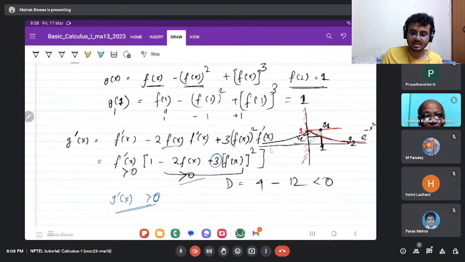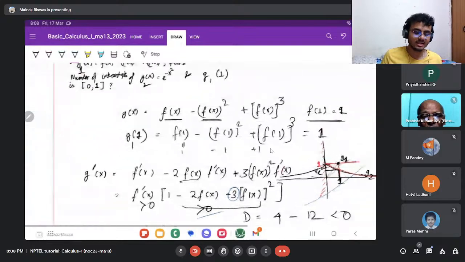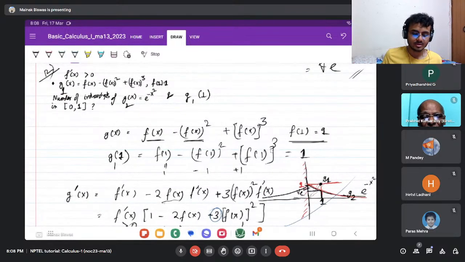It may not be like this, it may be like this also. This much information is given in the question. I know g of 1 is 1, and it is increasing on both sides.